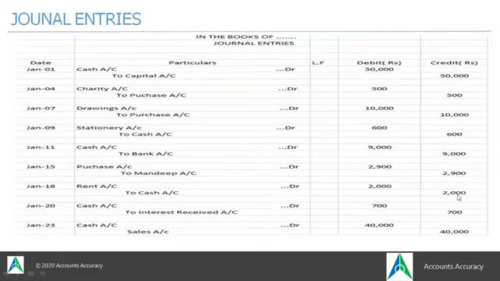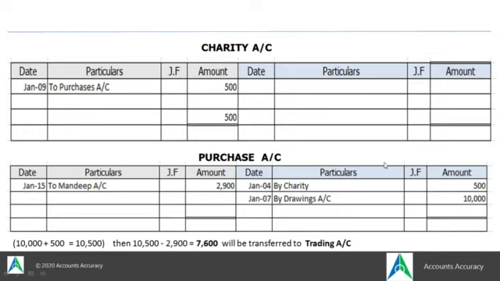Now another related item with the purchases account is Mandeep's account, 2900. So it will be posted January 15 to Mandeep account, and the amount is written as 2900. Again the posting has been done, but balancing will not be done because the purchases account is also a nominal account.